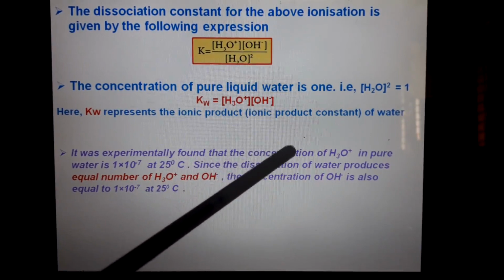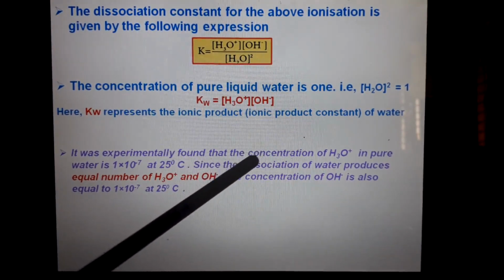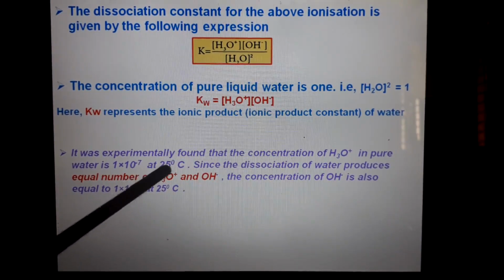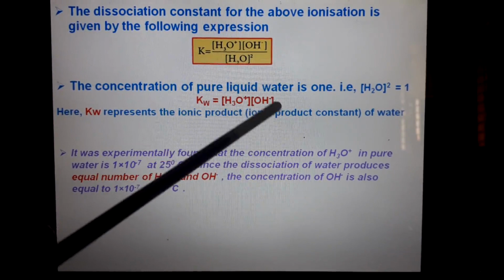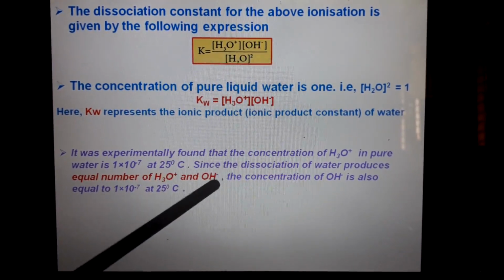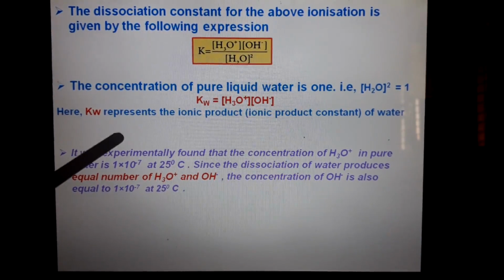The dissociation of water produces an equal number of H3O plus and OH minus ions. So the concentration of OH minus ion is also the same value. This is a very important concept in this equation.